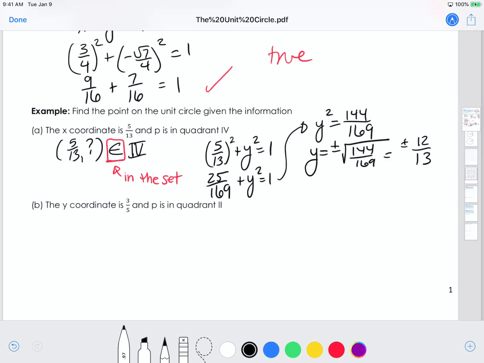Now, because it says this point is in quadrant 4, that means my y value is going to be negative. So my corresponding y value is going to be negative 12/13. So my complete ordered pair would be 5/13 and negative 12/13. Now, if the problem said we were in quadrant 1, that would be where y is positive, so we would choose positive 12/13.